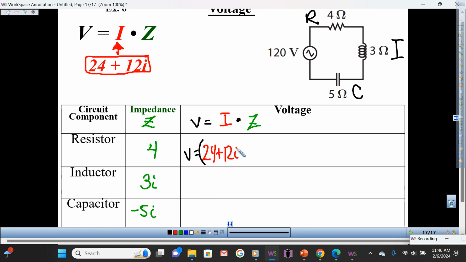I'm going to multiply that times the impedance. What is the impedance? 4. So, distribute. The voltage going through the resistor is 96 plus 48I.